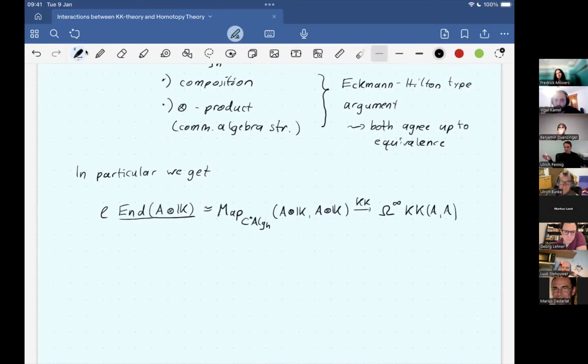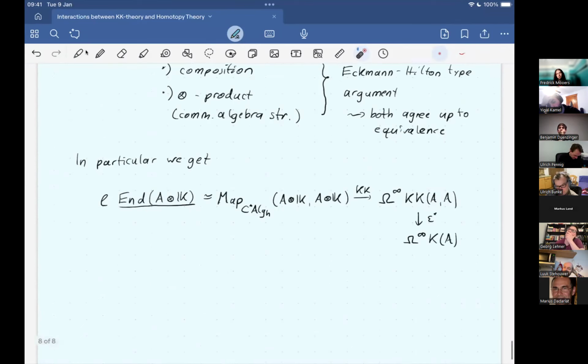Now I can drop the compact operators because KK theory is stable. Then I can pull this back using the unit map of A and end up in omega infinity K of A, where I pull this back with the unit here.